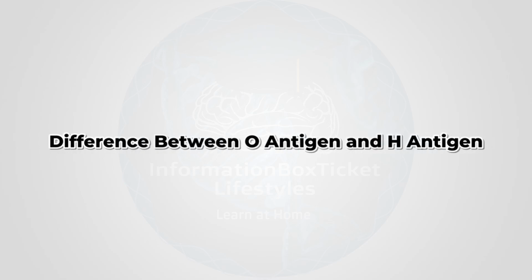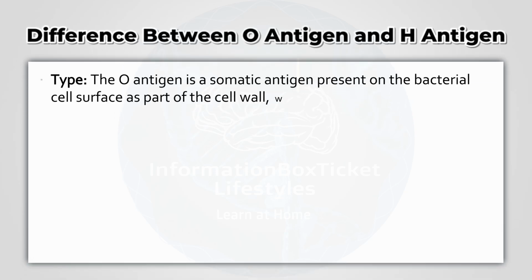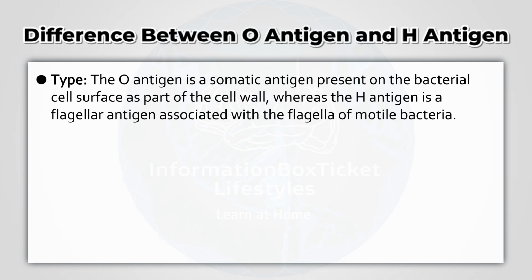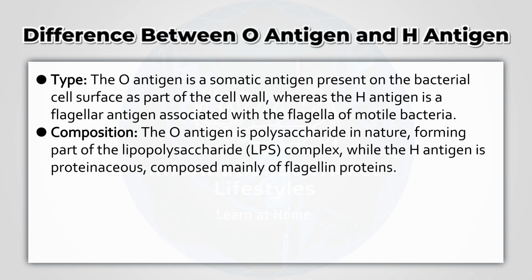Difference between O antigen and H antigen. Type. The O antigen is a somatic antigen present on the bacterial cell surface as part of the cell wall, whereas the H antigen is a flagellar antigen associated with the flagella of motile bacteria. Composition.